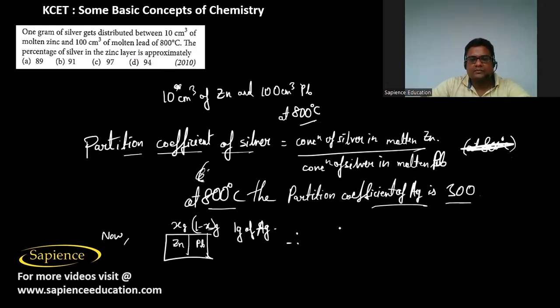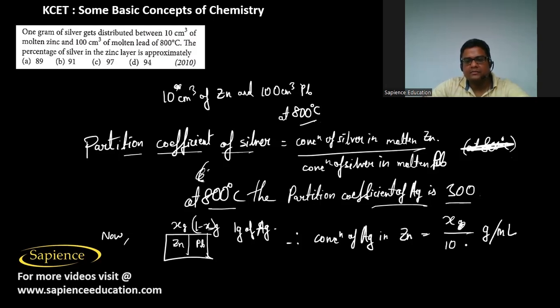Therefore, the concentration of silver in zinc is equal to X gram divided by 10 ml, so X by 10 gram per ml.